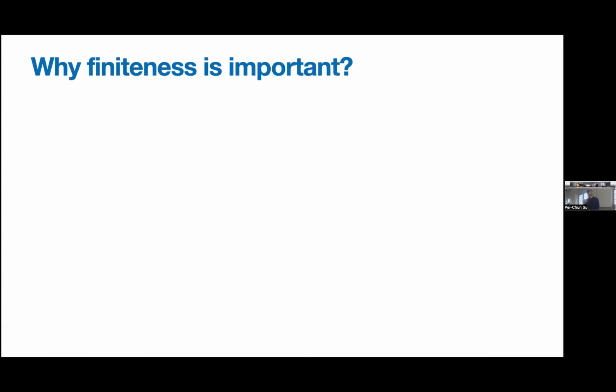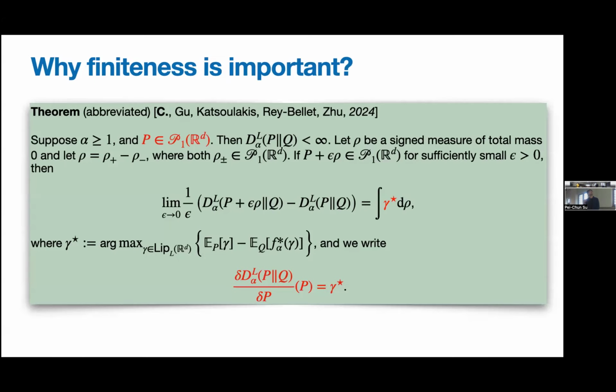Okay, so we have shown results for the finiteness of the divergence under some conditions. Why is this important? Because with this assumption, we can prove the first variation formula of this divergence. Again, we only assume that P has a finite first moment. Then we perturb P by epsilon rho, and we prove that it has a well-defined variational formulation.